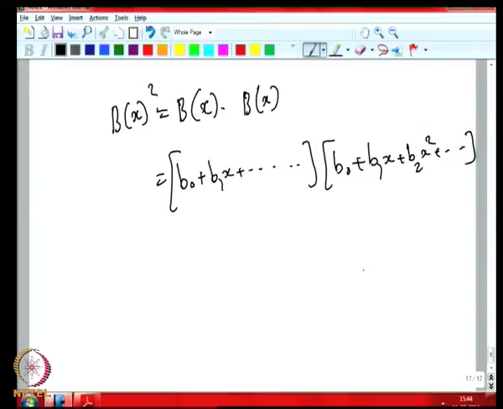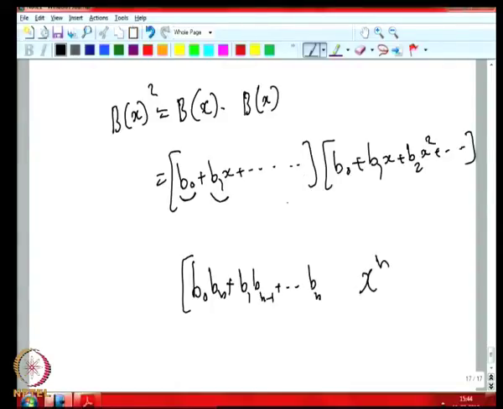Now, if you pick up the coefficient of x raised to n here, that will be contributed by b0 here, x raised to n should come from here, that is the coefficient is bn, right, and then this will be b1 into x, the coefficient will multiply x raised to n minus 1, that is the coefficient of x raised to n minus 1 being bn minus 1, we will get b1 into bn minus 1 and so on, right. So, till bn x raised to n here, bn will be taken and that will be multiplied by b0, this will be the coefficient of x raised to n.